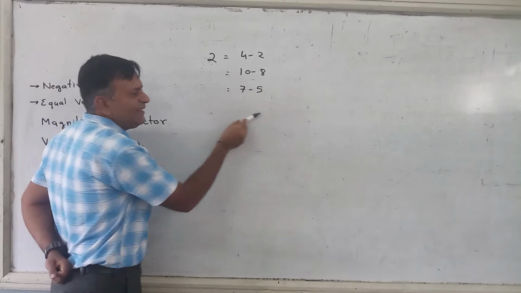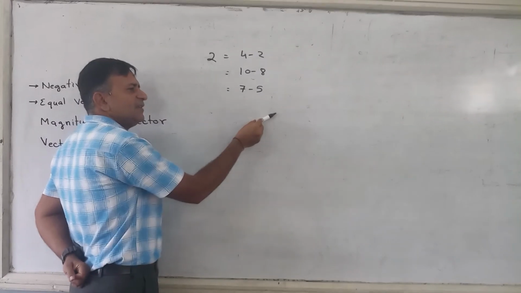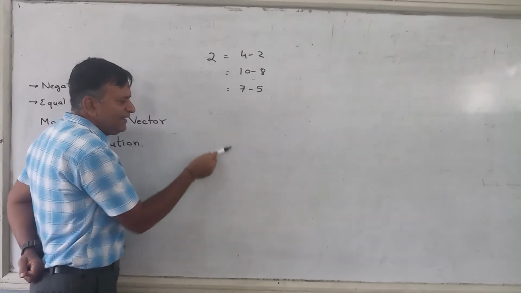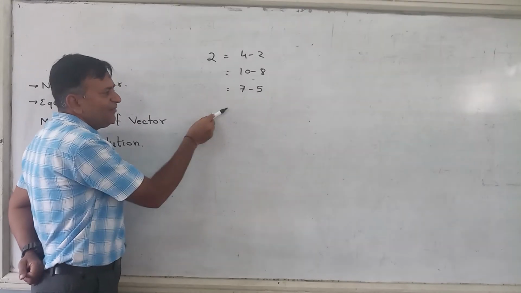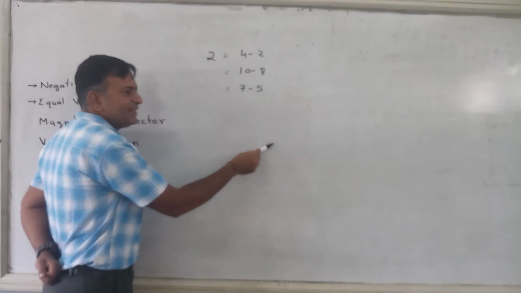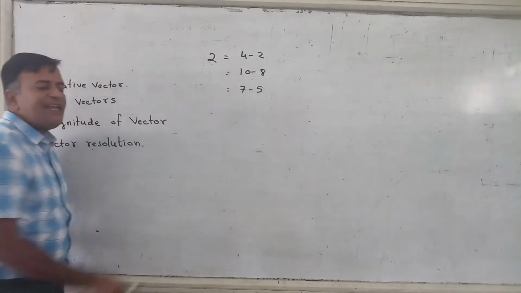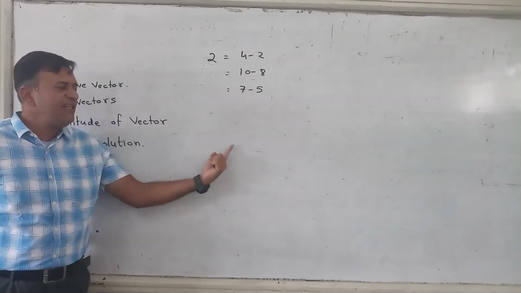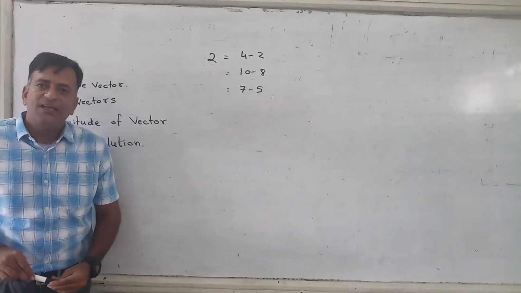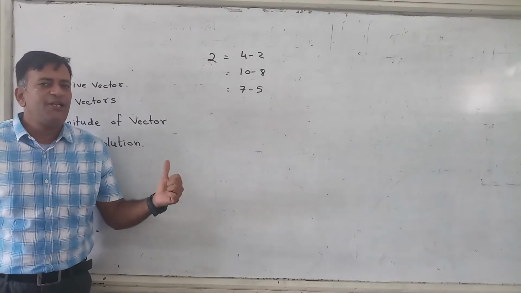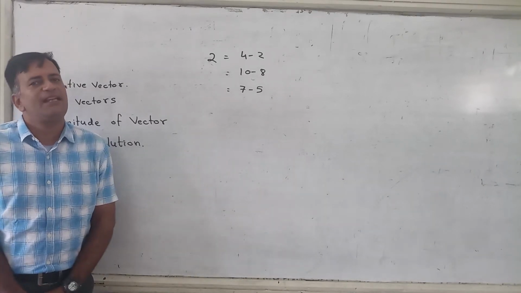Can I shift it like this? Yes. Can I shift this vector like this? Yes. Can I shift this vector like this? Yes. Any vector can be shifted anywhere in the coordinate system, but you should not change its magnitude, you should not change its direction.